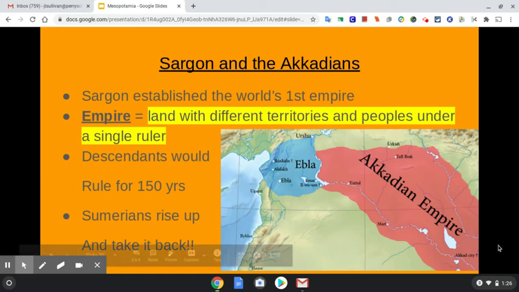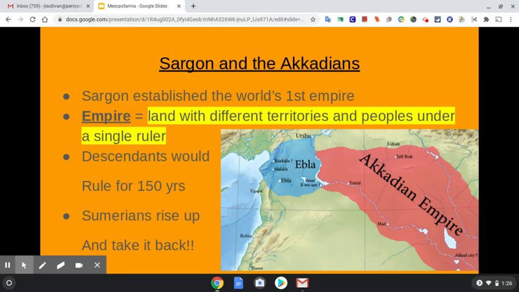Because he was able to gather the area of Sumer and all of the city-states within, and then start taking over the different city-states of Akkad also, and put that all under his rule, he became known as an empire ruler, one of the very first. So he came up with the world's first empire.